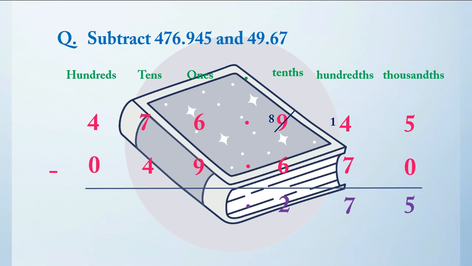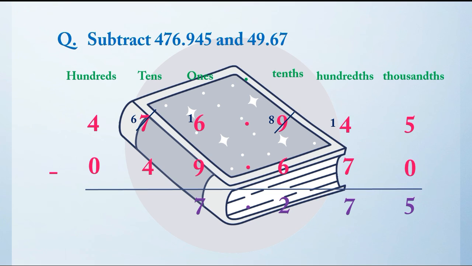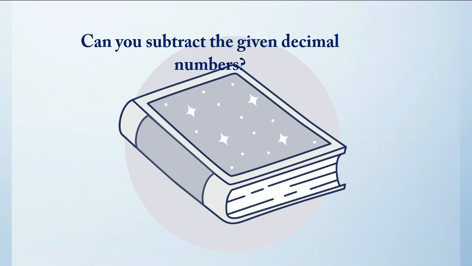So 7 will become 6 and 6 will become 16 after borrowing. So 16 minus 9, 7. 6 minus 4, 2. And 4 minus 0, 4. So we have gotten 427.275.